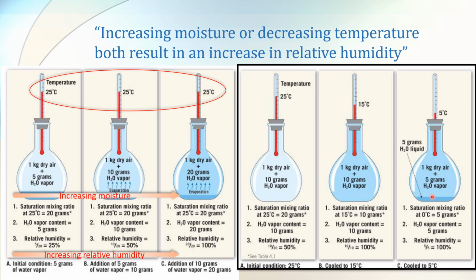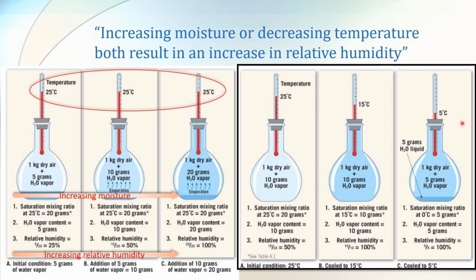So when the water vapor content or the mixing ratio remains constant, unlike in the previous one where we added moisture and so had an increasing relative humidity, in here, if the vapor content remains constant, the relative humidity will change when the air temperature increases or decreases.